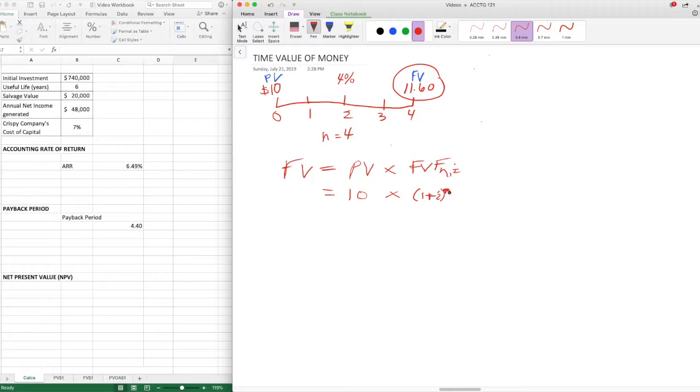So this is n. In our case here, we have 10 times 1.04. That's the interest rate, and it is for 4 periods. And that gives us 10 times 1.1698. And it keeps going if you want to go further.